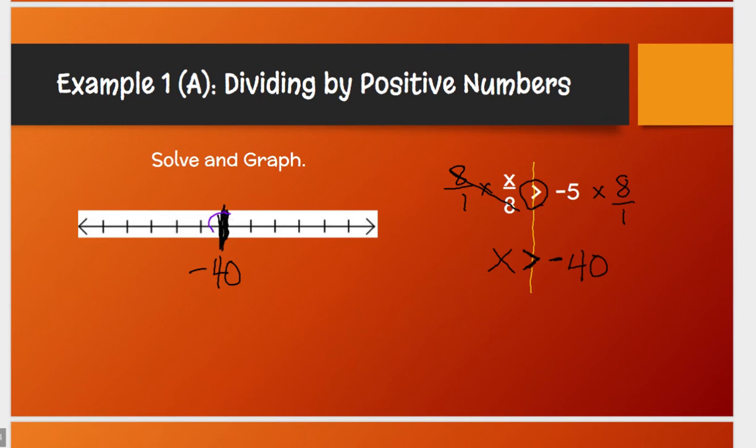So we'll do an open circle at negative 40. And then it's going to be anything greater than negative 40. So negative 39, negative 36, 30, 20, and over 0, continuing all the way to infinity. So our graph would look like this.